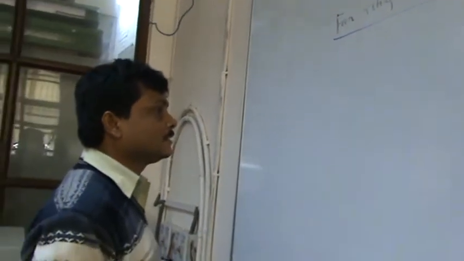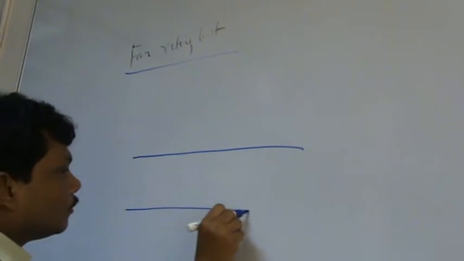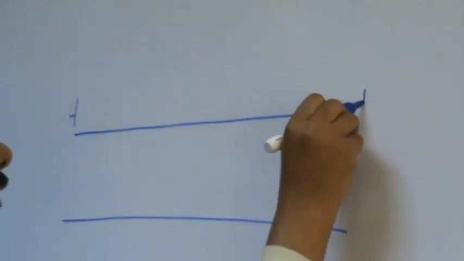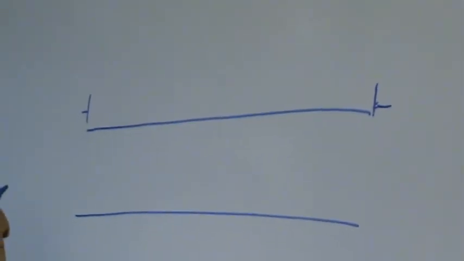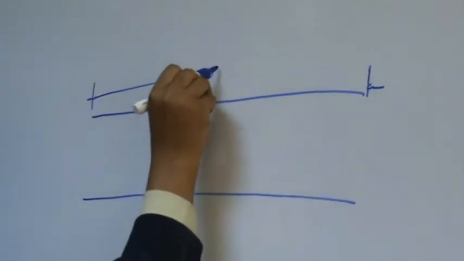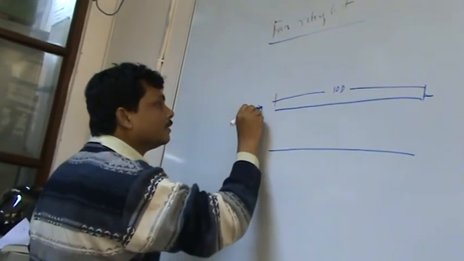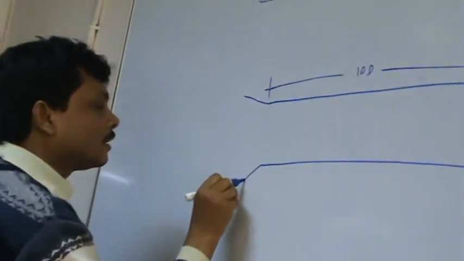In this setup, there is a duct, which is generally 10 times the diameter in length, and this duct is connected with a fan through a piece of connection.